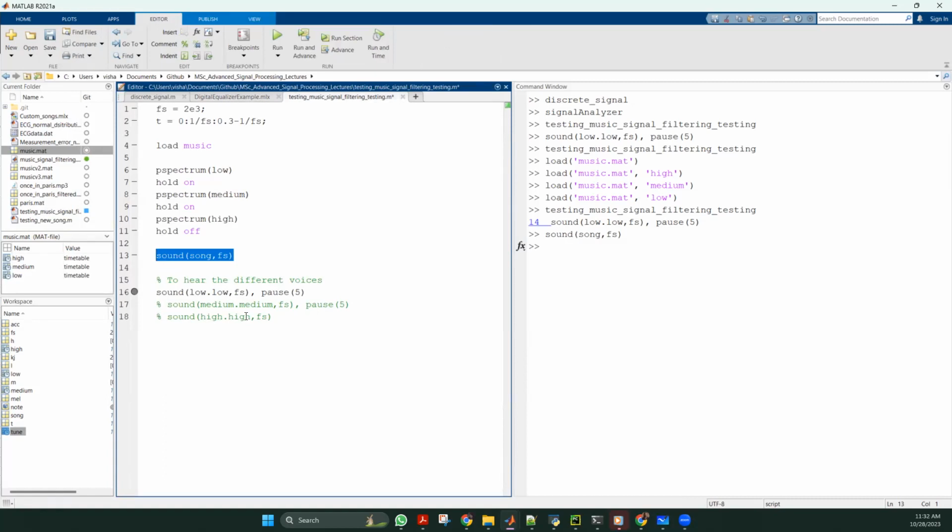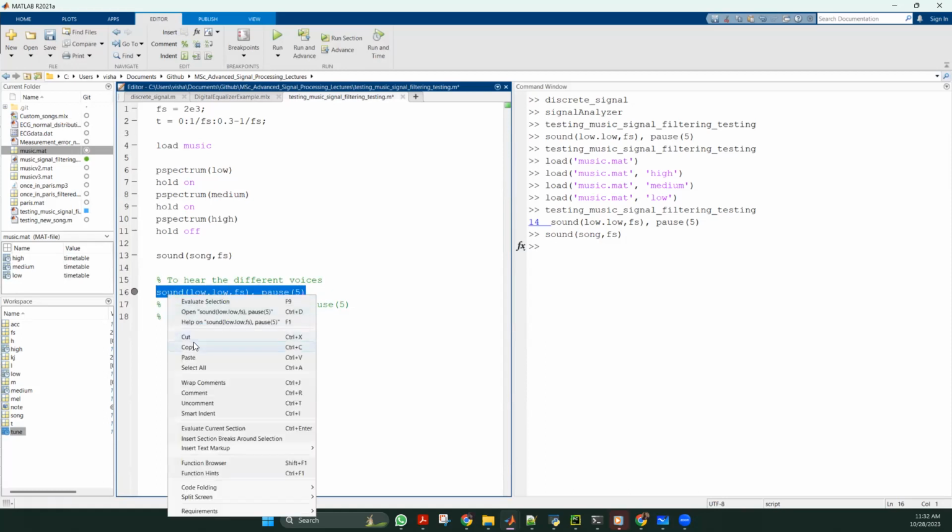So that is the initial song. And then I have low pass filtered it. I have only kept the low pass frequencies, and I have removed the high frequencies. So listen to this and see whether you can hear high frequency components, because I have removed those. I have only retained the low frequency components in this sound.